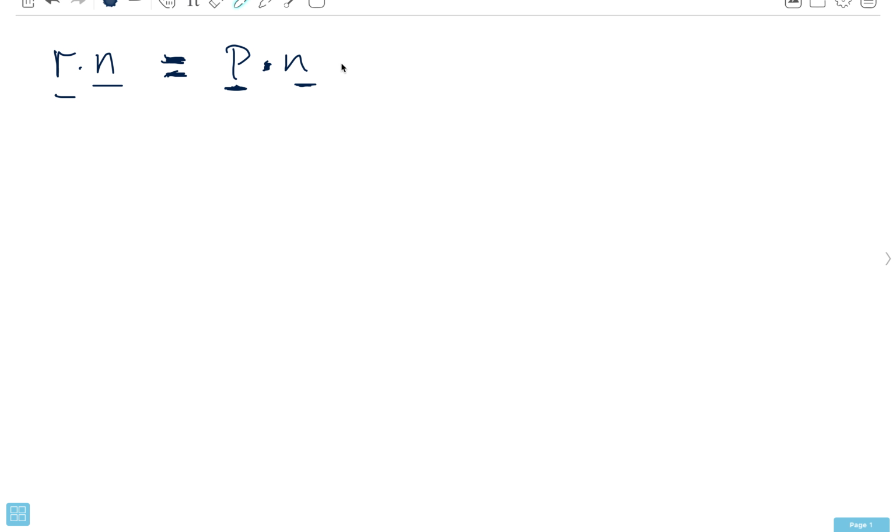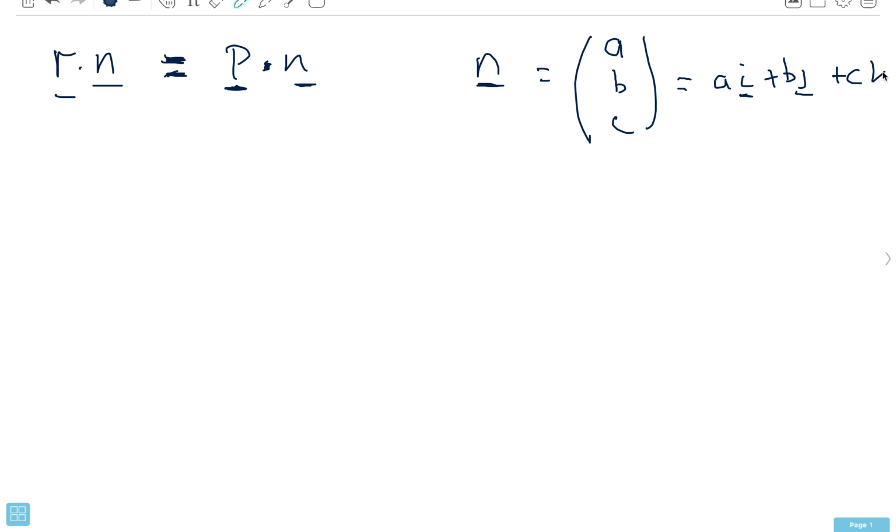So since these are position vectors, remember position vectors can be written in this new notation, so A, B, C, which is just a compact form of writing Ai plus Bj plus Ck. If you have no idea what I'm talking about here, then you have to go to a previous video. So we'll say that n is equal to ABC. I'm not going to write n1, n2, n3. I could, but you'll see later on that it's neater to write like this.